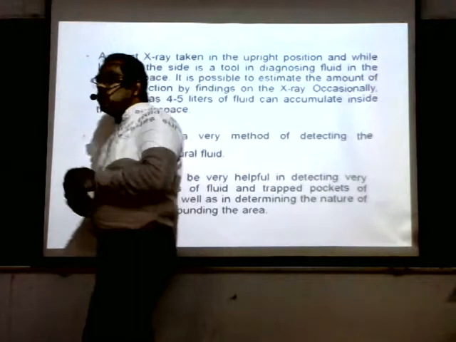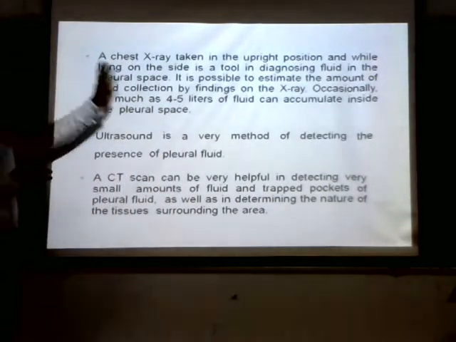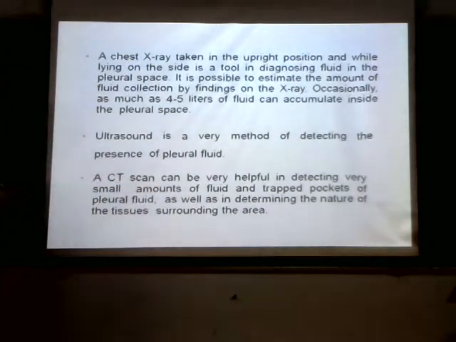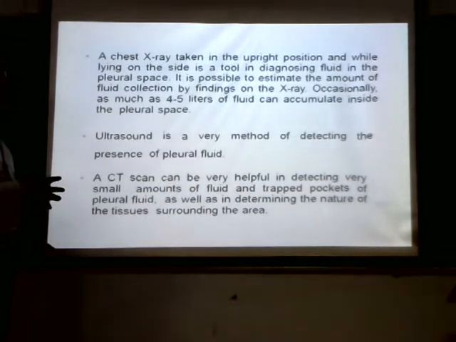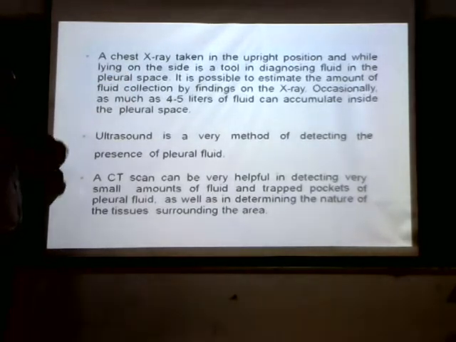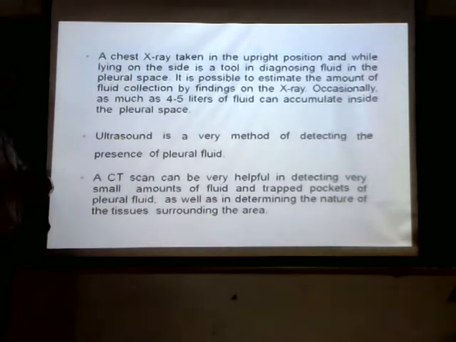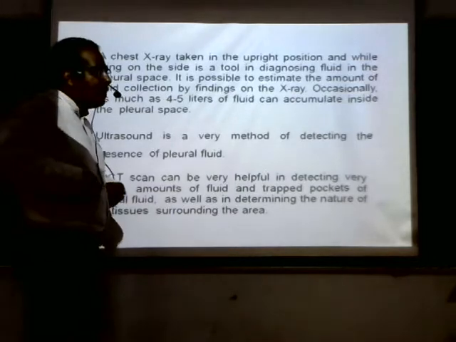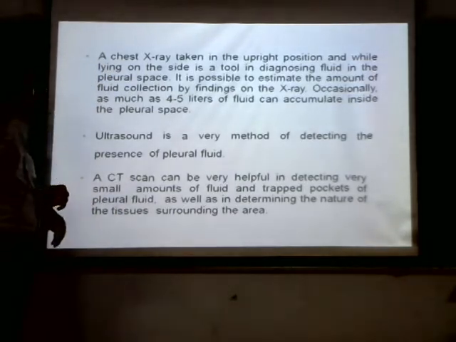You can also get this diagnosis done by an X-ray taken in an upright position and while lying on the side. So what do you find here? In the upright position, you will see that the accumulation of fluid is on the lower side, where the pleural cavities end.